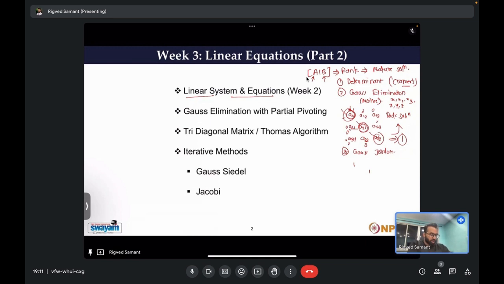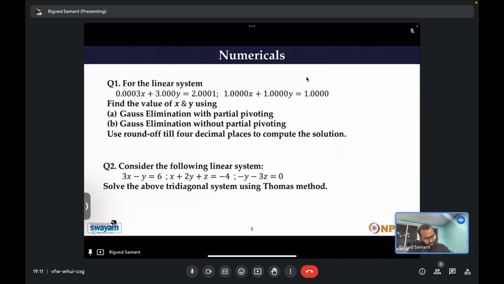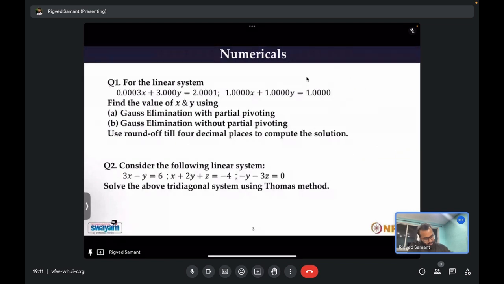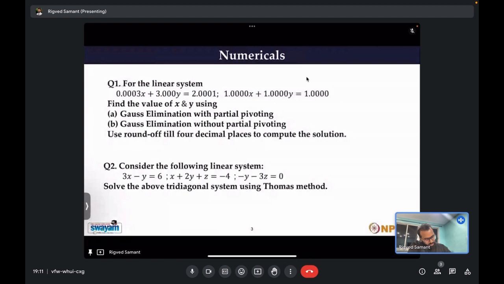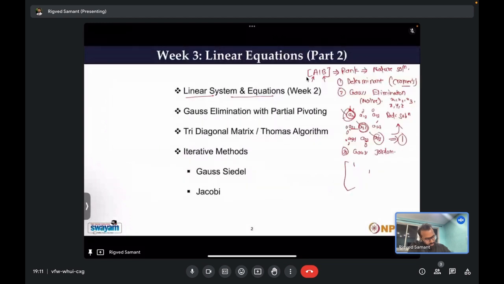So at the last step in Gauss-Jordan, all of these will be 0, and you will only have the diagonal. If you have 3 equations in 3 unknowns, you will have this kind of identity matrix, and this will be x, y, z, and there will be a B matrix here, right? So directly we will get the values of x, y, z, or x1, x2, x3 without doing back substitution.